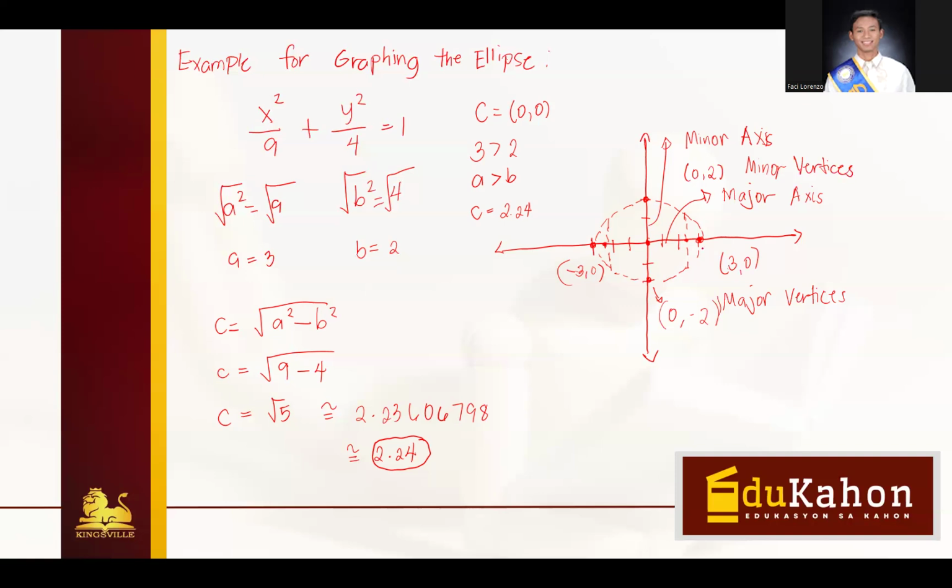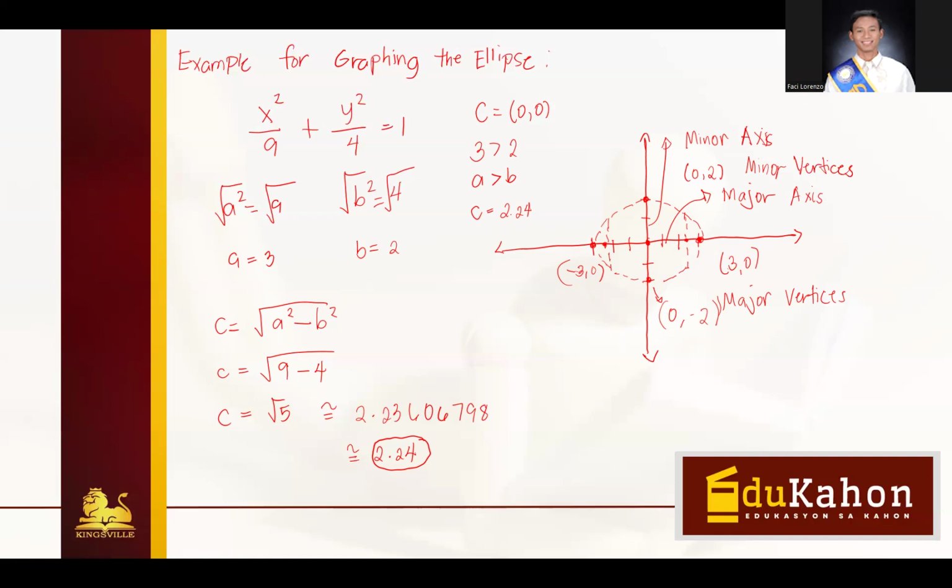Okay? So all we need to do is get the value of your A and B and get the value of C and determine if this is vertically oriented or horizontally oriented depending on the values of A and B. If A is greater than B, then this is horizontally oriented. And if B is greater than A, then that is vertically oriented. And the major axis and minor axis will also interchange their parts.